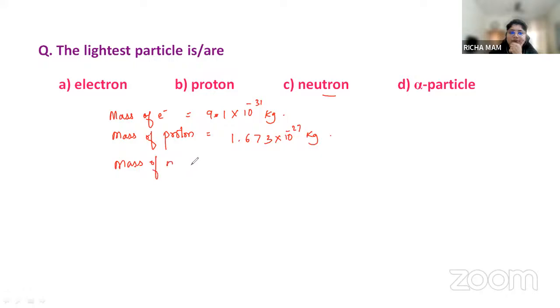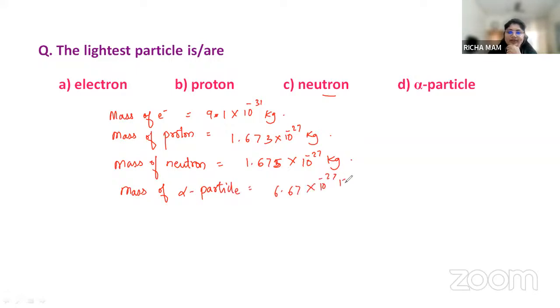Neutron is a neutral particle. Its mass is 1.675 into 10 raised to minus 27 kg. And the mass of alpha particle is 6.67 into 10 raised to minus 27 kg.